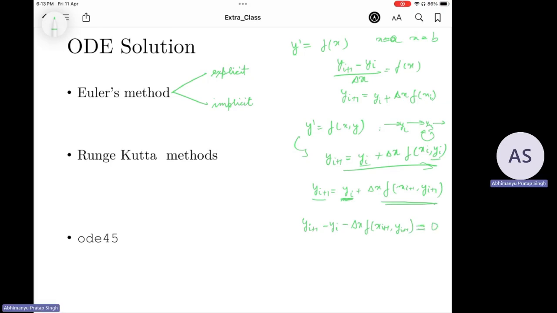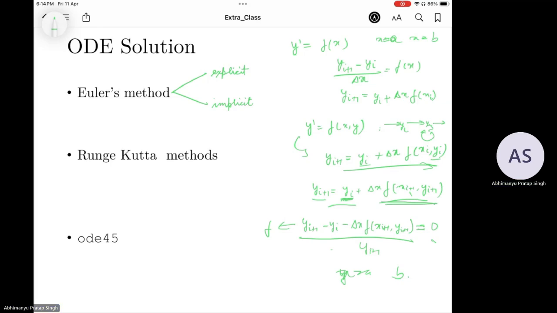If the solution is satisfied, then this should become 0. So that is basically our input to some nonlinear root finding solver. We try to solve for yi plus 1 using this equation, and we continue doing so from x is equal to a to b.